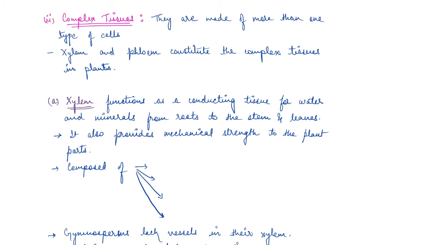Xylem basically functions as a conducting tissue for water and minerals, and it conducts them from the root to the stem and leaves. So remember, xylem conducts water and minerals from roots to stem and leaves.